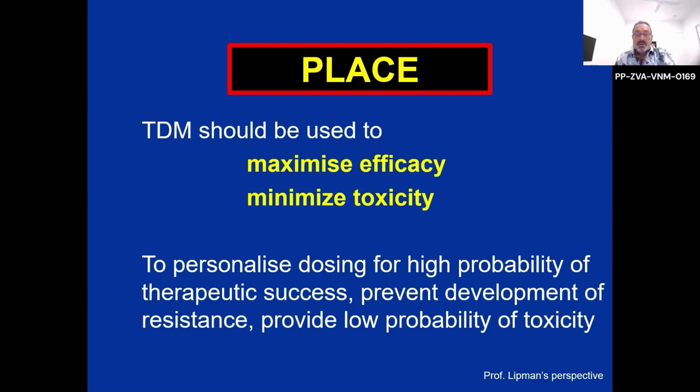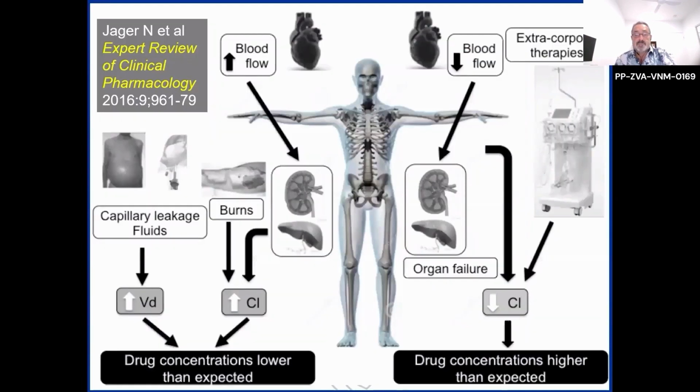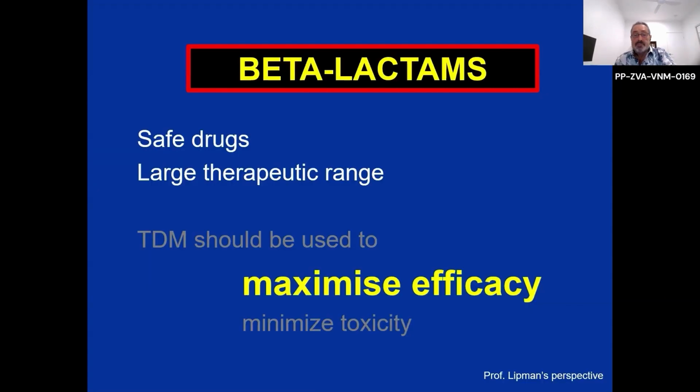Aminoglycosides and vancomycin have TDM because the toxicity is quite significant, and people are using TDM to minimize toxicity of these drugs. But in ICU, it's so complicated with increased blood flow and increased creatinine clearance in burns and capillary leaks with volume of distribution and CRRT, etc. So we strongly suggest you use TDM, but I realize that not everybody uses TDM.